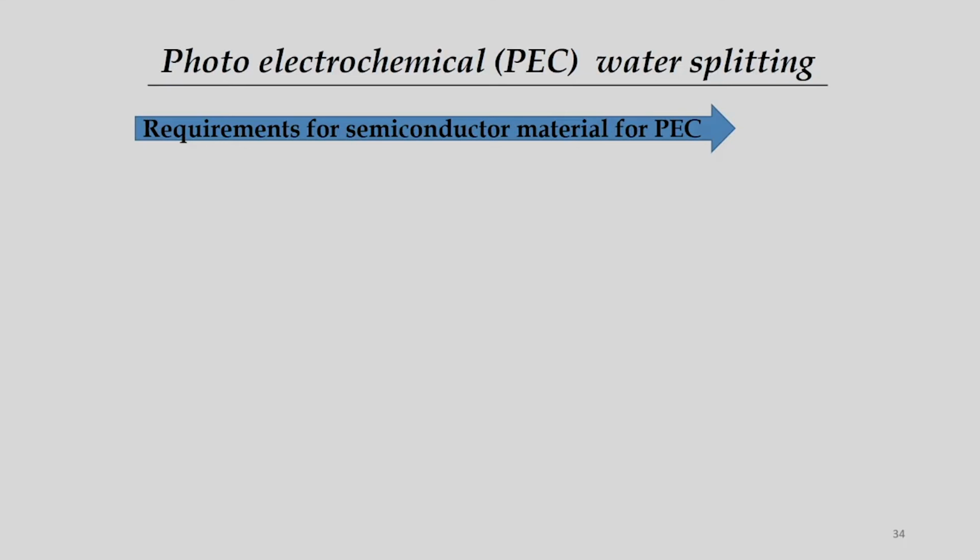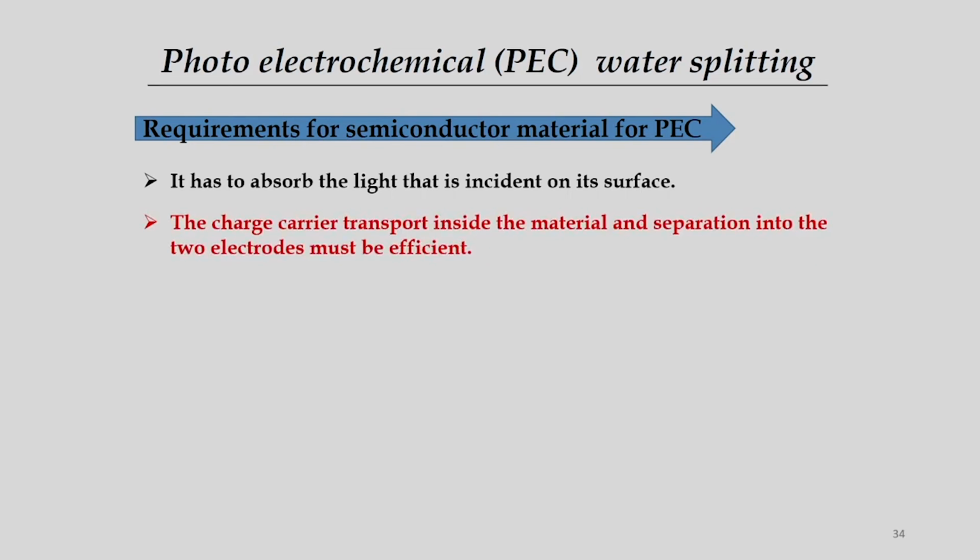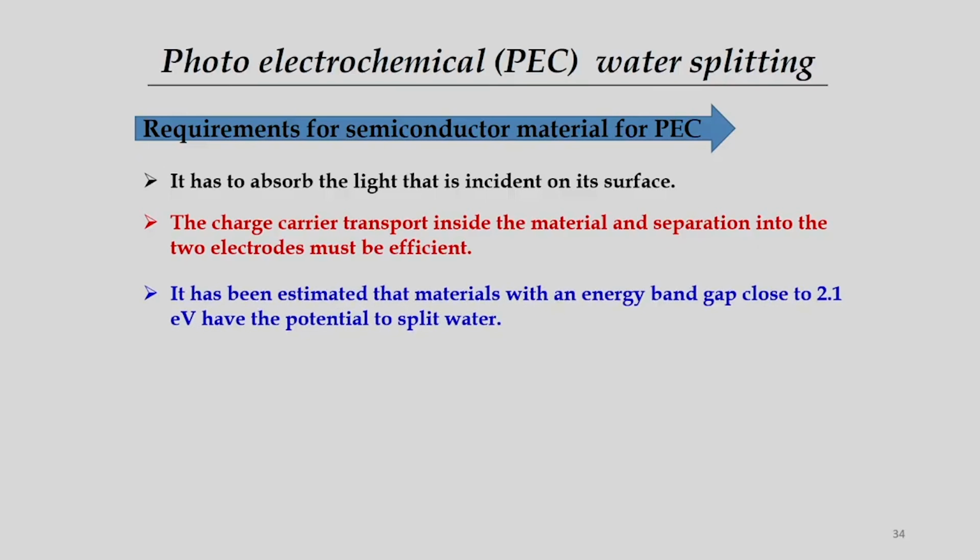So requirements for semiconductor material for this photoelectrochemical water splitting are, it has to absorb the light that is incident on its surface, the charge carrier transport inside the material, and the separation into the two electrodes must be efficient. It has been estimated that materials with an energy band gap close to 2.1 electron volt have the potential to split water.